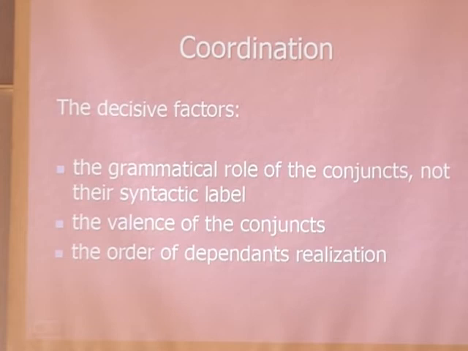Okay, now I come to coordination. Of course, I know we are not the first and not the last to deal with that, but in our Treebank, we decided to underspecify the coordination phrase because we had examples with unlike category coordination. And so we decided that the grammatical role of the conjuncts will be decisive, not the syntactic label.